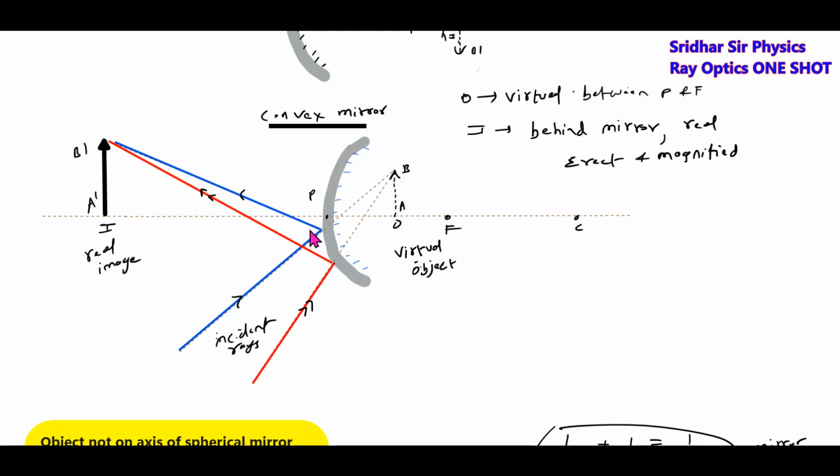These are the incident rays; after reflection, they'll meet at a point and we'll get a real image here. These are the reflected rays. So there's one basic necessity condition: for a convex mirror, a real object cannot give a real image, and all the remaining cases are possible.